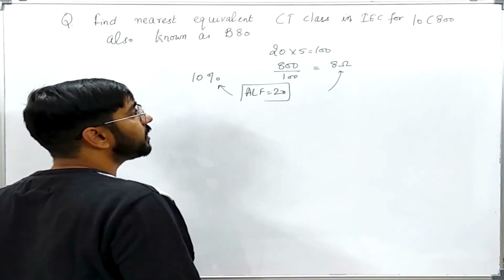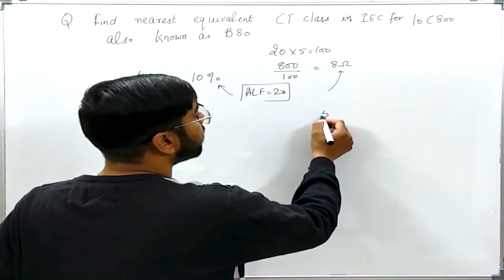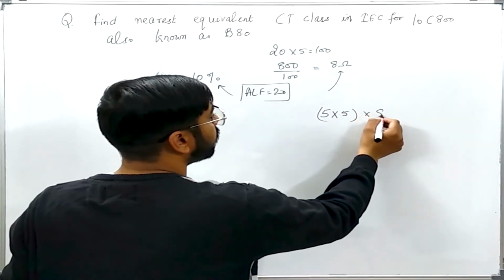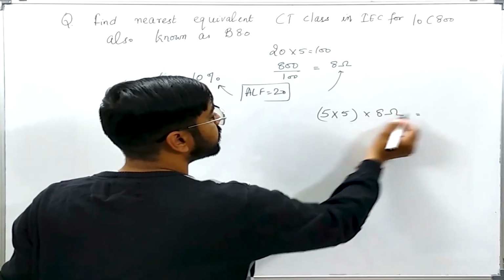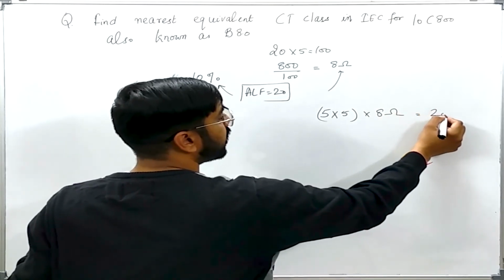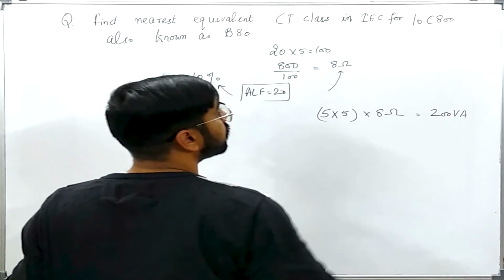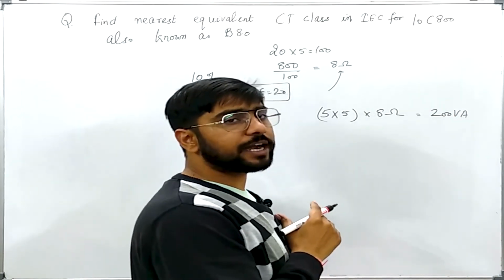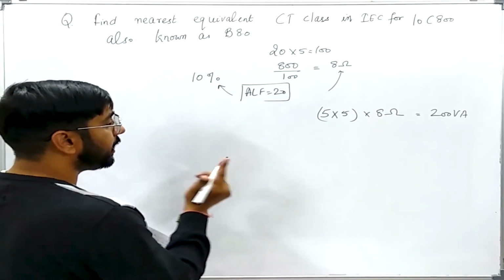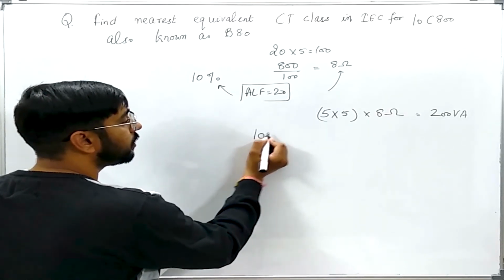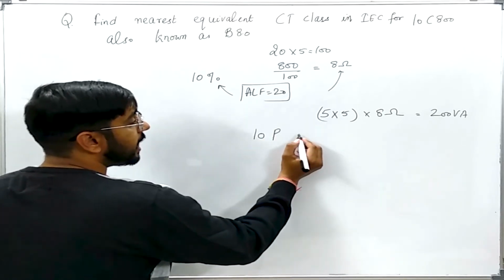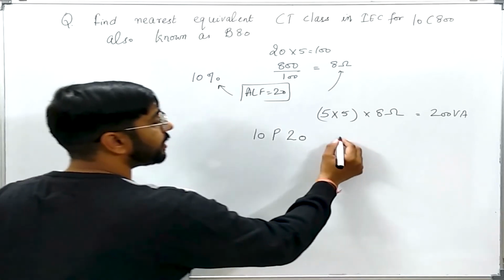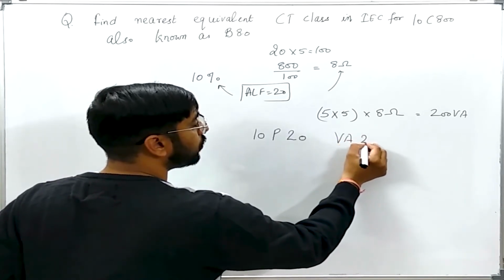So the rated burden will be the 5 ampere secondary current squared, I squared, into 8 ohm. So the rated value of the burden in VA is simply 200 VA. So the nearest possible CT in IEC equivalent nomenclature will be a CT having 10% error with an accuracy limiting factor of 20. Okay, so 10P20, and its rated VA burden will be 200 VA.